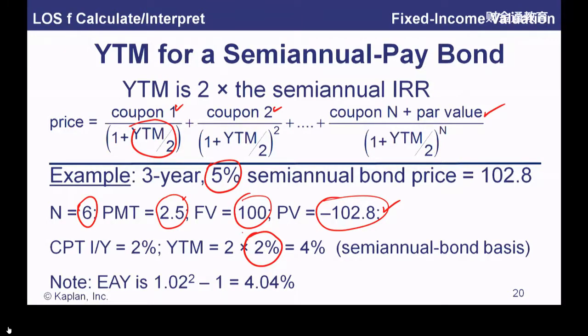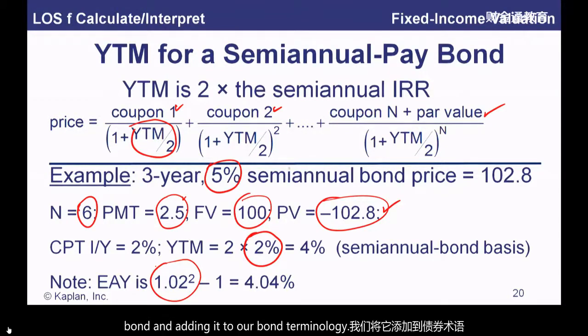Notice that our equivalent annual yield is not the 4%. We actually have to take account of the compounding, right? Just goes back to what we did when we calculated effective annual rates for a stated rate of 4% with semi-annual compounding. There's our effective annual rate. So nothing new there. We're just applying it to our bond and adding it to our bond terminology.